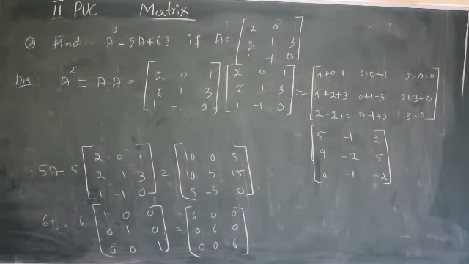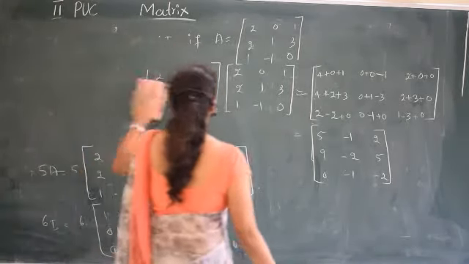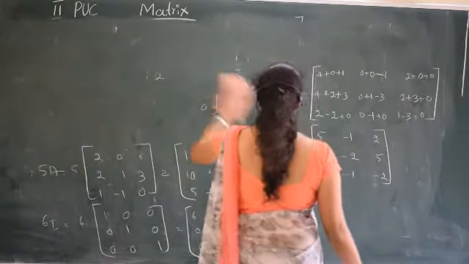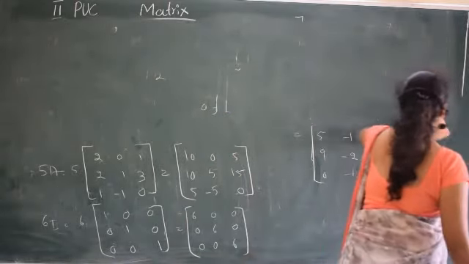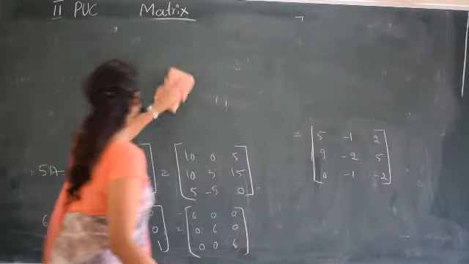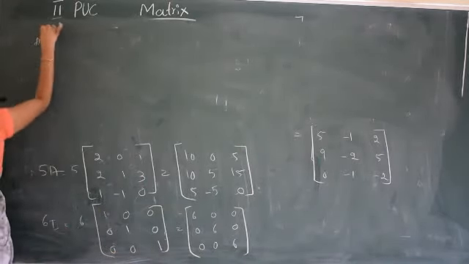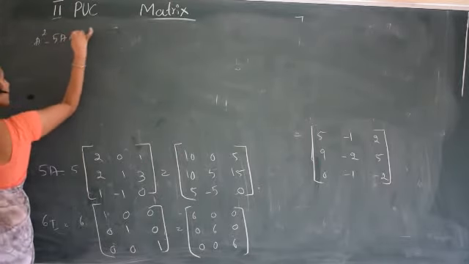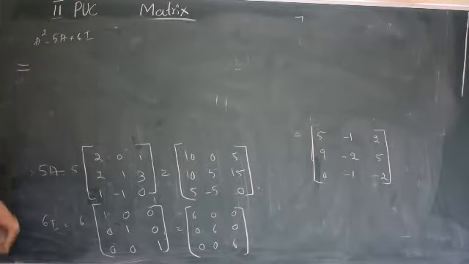Next we have to simplify the value A square minus 5A plus 6I. Now it is not to show that it is equal to 0 or any other value.